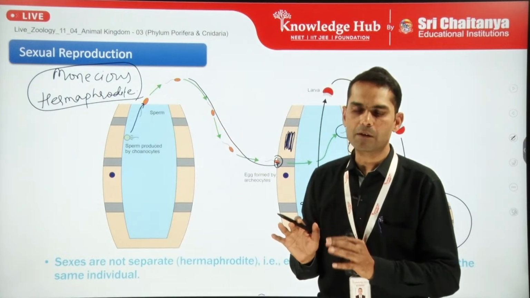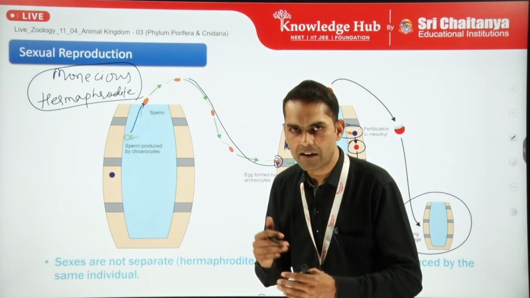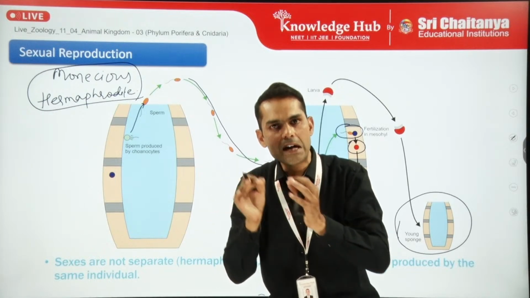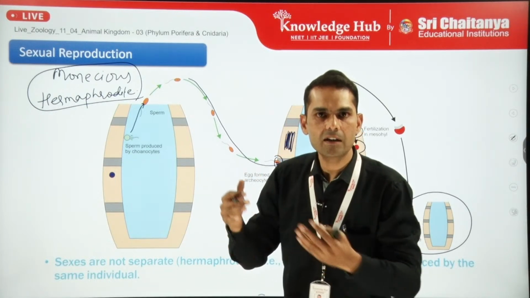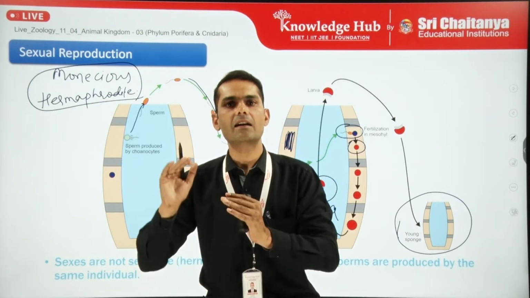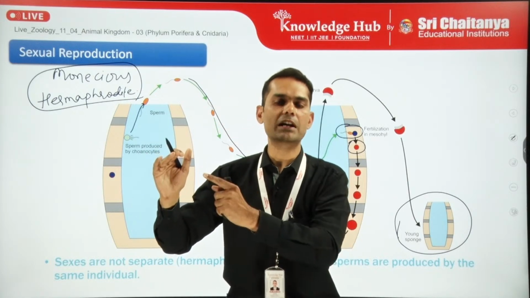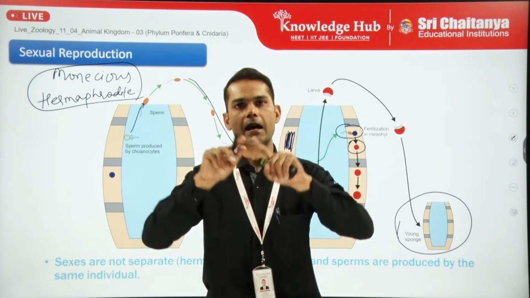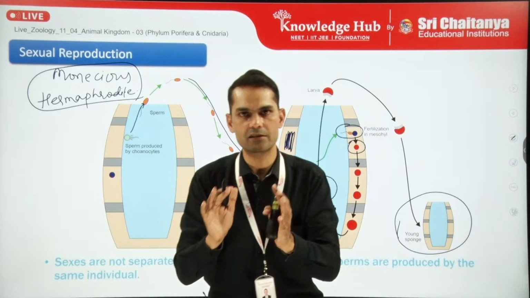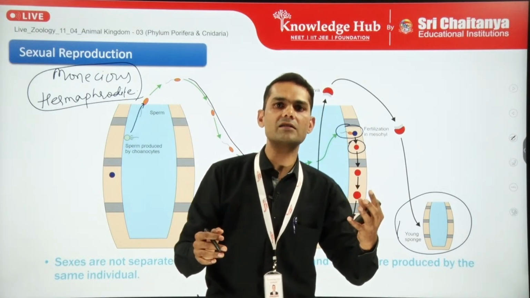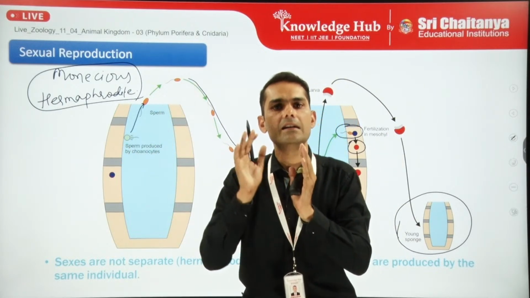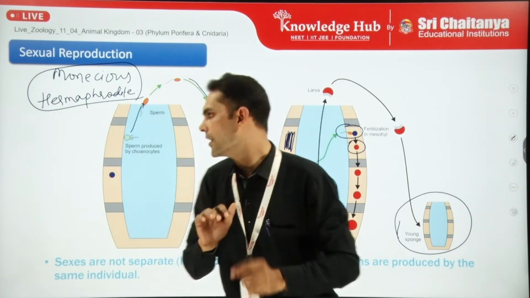Okay, so this type of development in which the zygote gives rise to a larva, an intermediate stage, which is different in morphology and nutritive habit from the adult one, and through metamorphosis that larva develops into the adult form, is called indirect development, through the larval stage. If the zygote were developing directly into the adult form, we would term it direct development, but this is not the case here.